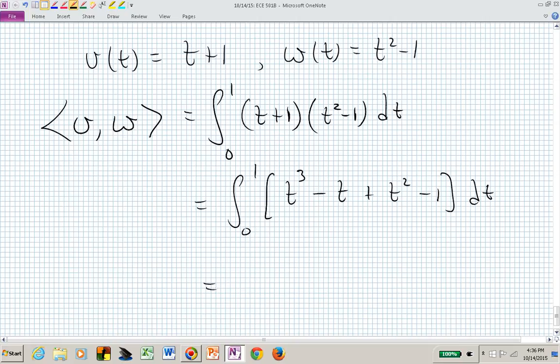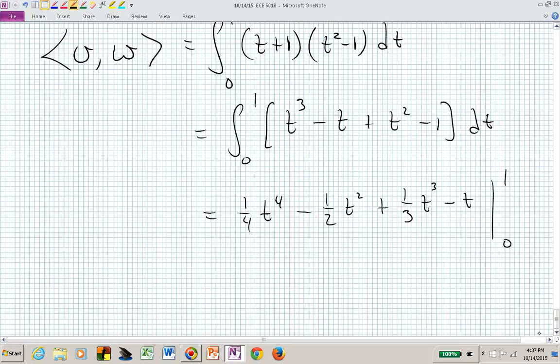Or, integrating each of those terms, we have 1/4 t to the 4th minus 1/2 t squared plus 1/3 t cubed minus t, and we are evaluating that between the limits of 0 and 1. That's a definite integral. The 0 limit produces nothing, and we can basically get rid of the t's when we evaluate at 1, and we now have 1/4 minus 1/2 plus 1/3 minus 1.